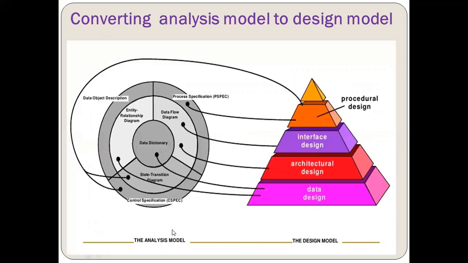See, this is what we have, the analysis model. In design, we convert this analysis model into the design model, right? So we get the data design, architecture design, and interface design from the models or diagrams we have already drawn in the analysis model. For example, the data design, the data structure we were talking about, is defined with the help of the data dictionary and the ER diagram.